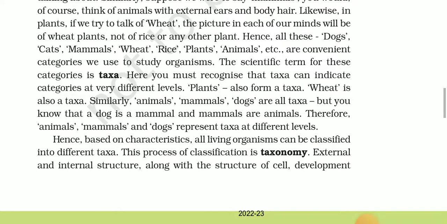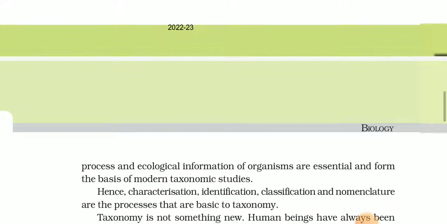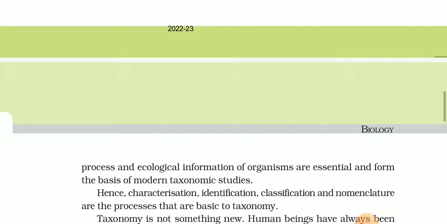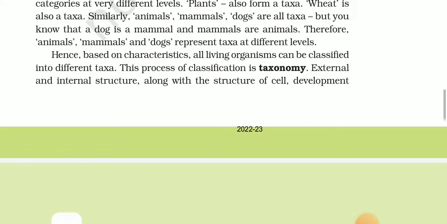Hence, based on characteristics, all living organisms can be classified into different taxa. This process of classification is taxonomy. External and internal structure, along with the structure of the cell, development process, and ecological information of the organism are essential and form the basis of modern taxonomic studies. So, what is taxonomy?